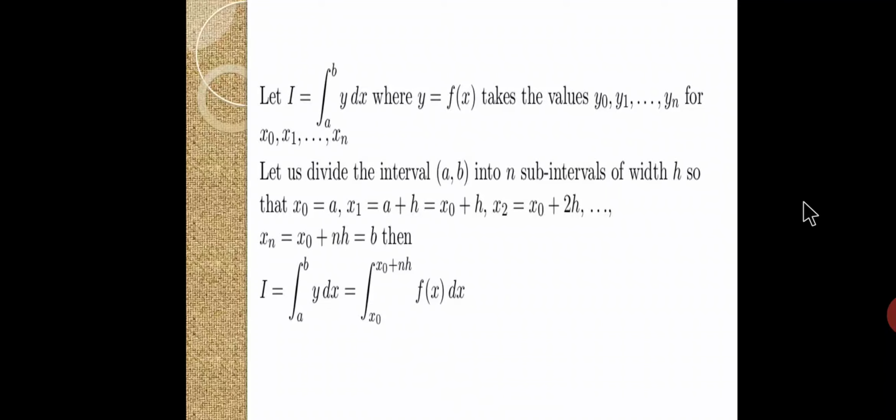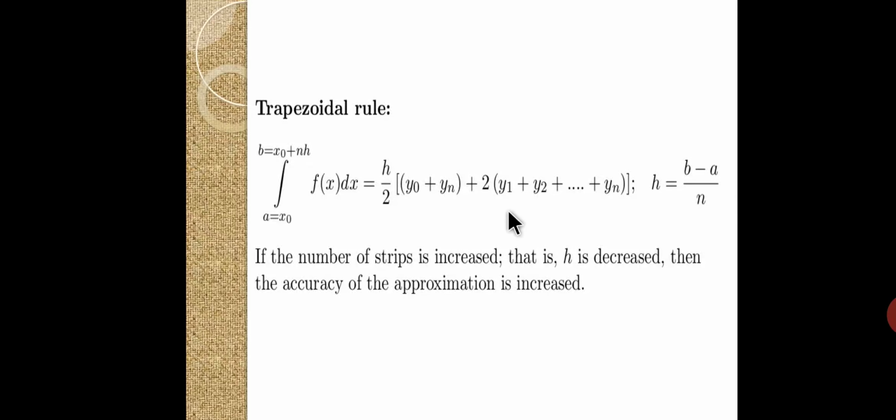There are three rules to find the area of the given curve. First one, trapezoidal rule. The formula for the trapezoidal rule is integral from x0 to x0 plus nh of f of x dx is equal to h upon 2 times y0 plus yn plus 2 times y1 plus y2 plus and so on plus yn minus 1.